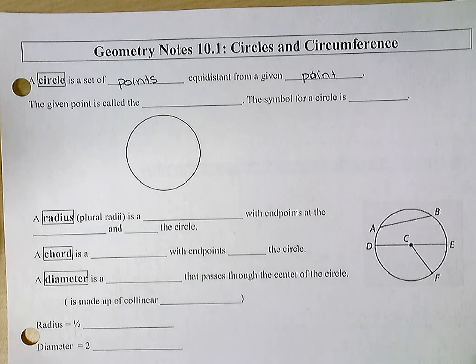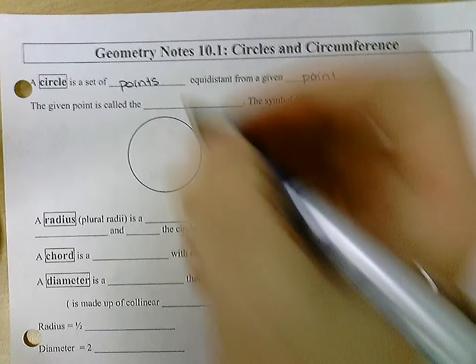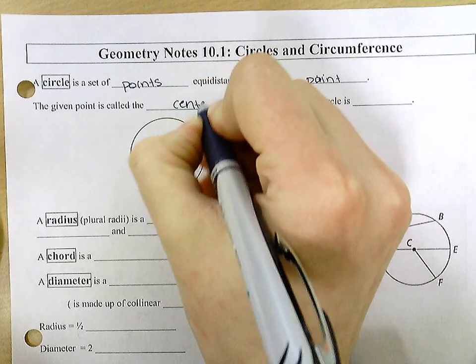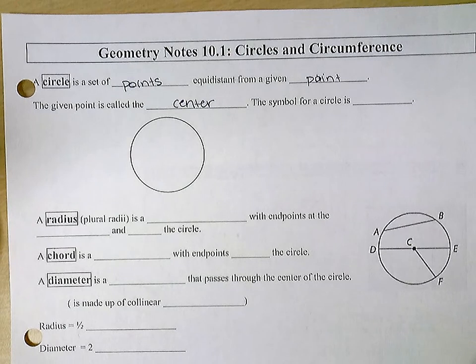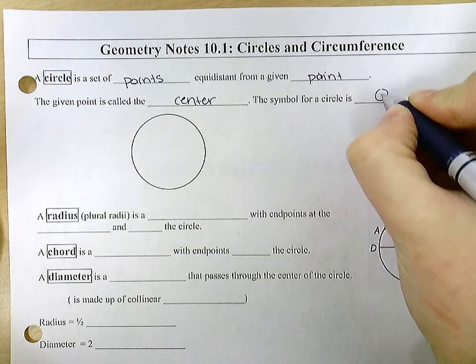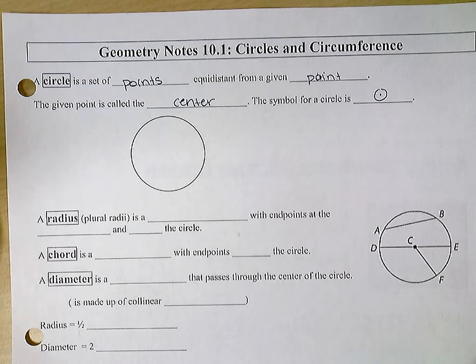That's a circle. That given point is called the center. And the symbol for a circle is a circle.